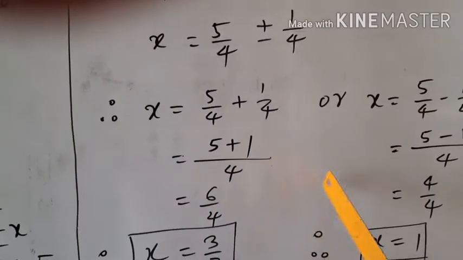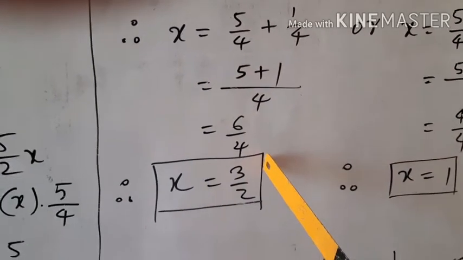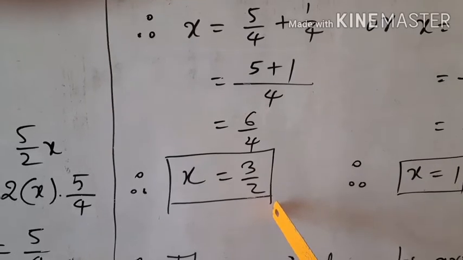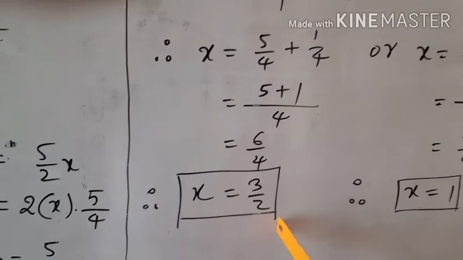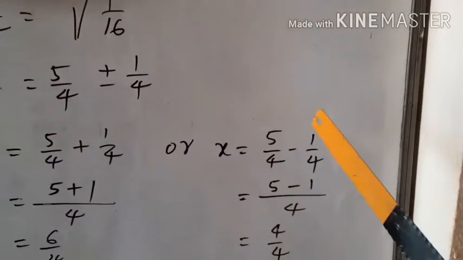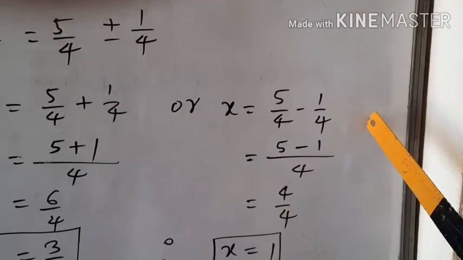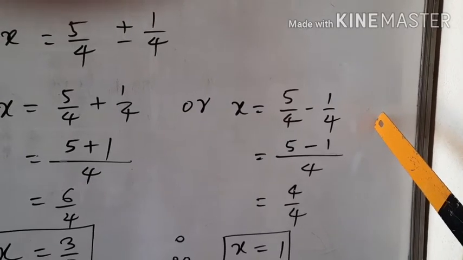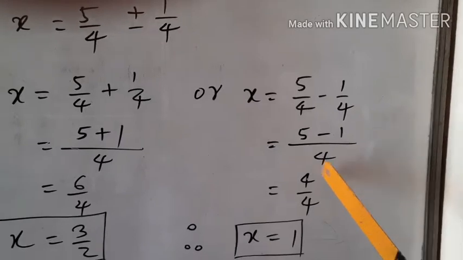So the LCM of 4 and 4 is 4. Thus it is 5 plus 1 by 4, 6 by 4 is equal to 3 by 2. Thus x is equal to 3 by 2 is one root or solution. And similarly, x is equal to 5 by 4 minus 1 by 4. The LCM of 4 and 4 is 4. So children, it is 5 minus 1 by 4 and it is 4 by 4.